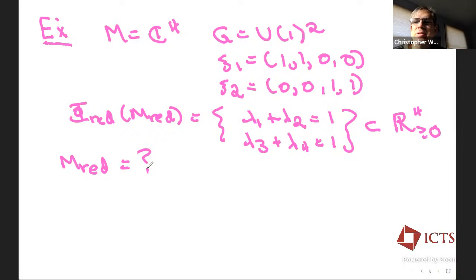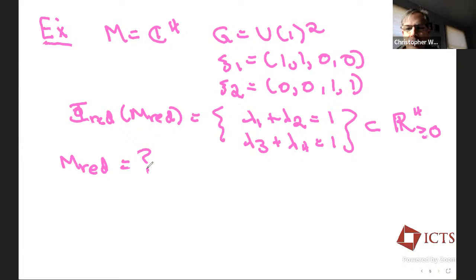You can write in the chat if you can see what this is. So the polytope is going to be, well, lambda 1 can go from 0 to 1, and lambda 3 can go from 0 to 1 as well.